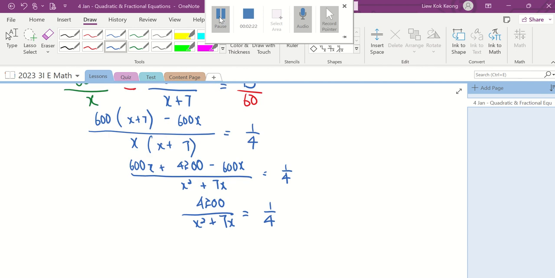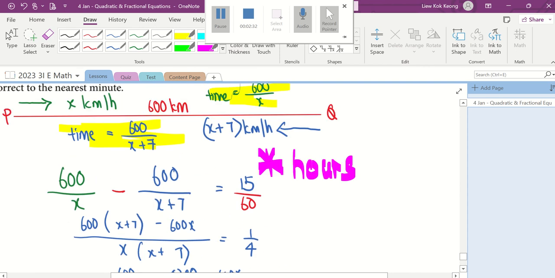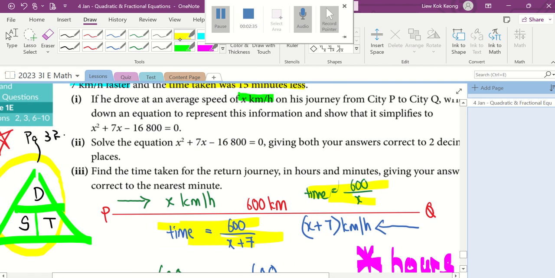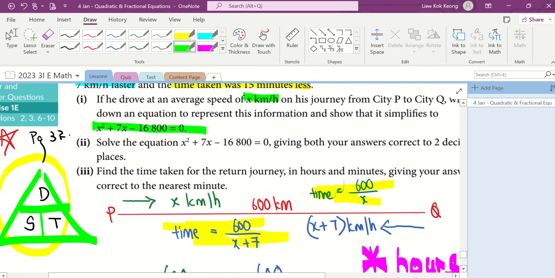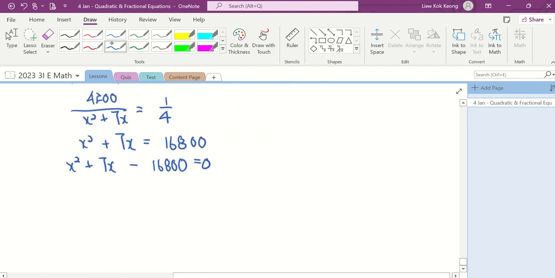Okay, the moment I simplify and I have a single fraction on each side, I can do my cross multiplication. Why? Because I do not like to deal with fractions. And please check, so long as the equation is consistent with the one given in the question. They say show, I have shown it, so remember to put in brackets, shown.